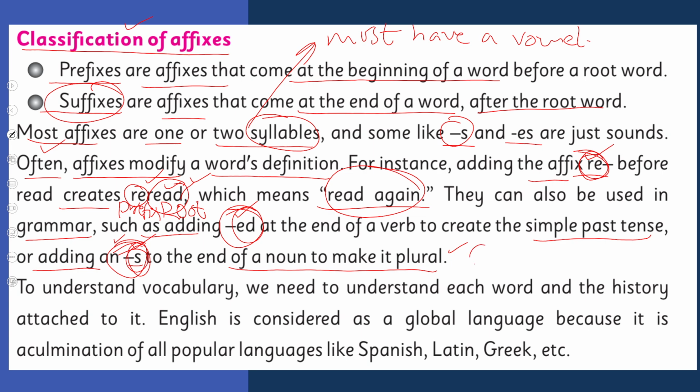For example, we have a word car. Now, in order to make it into plural, what do we do? We add affix s. It becomes cars. So it means that here s is working as a suffix.